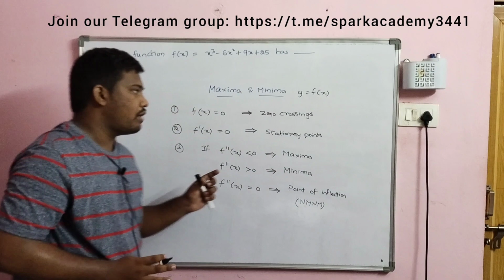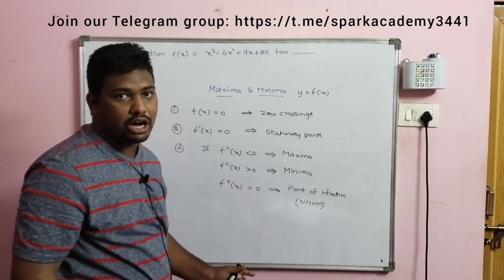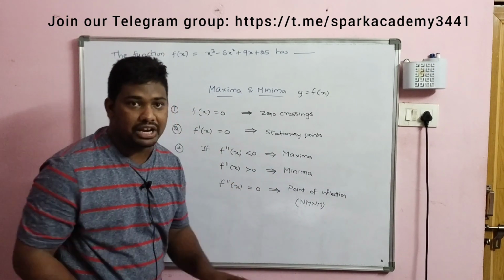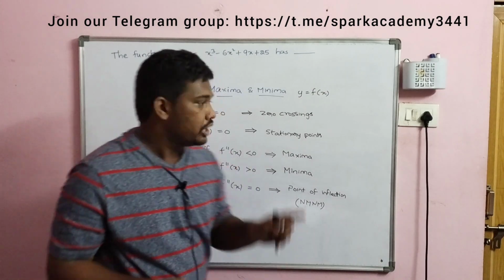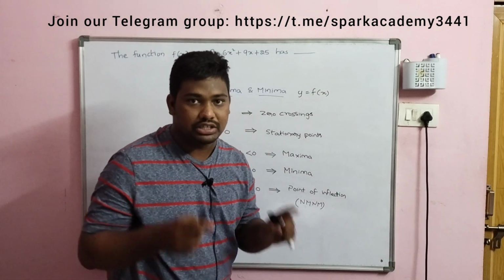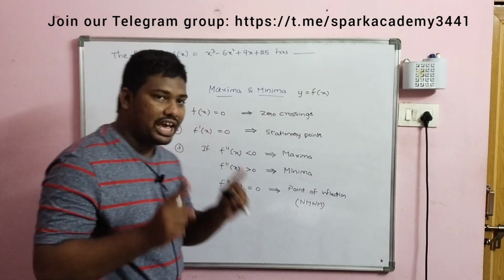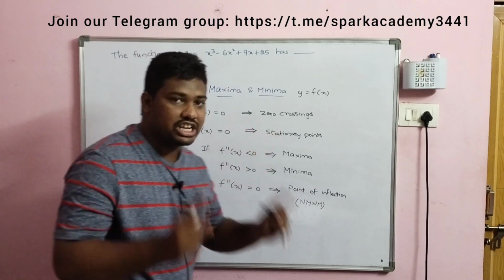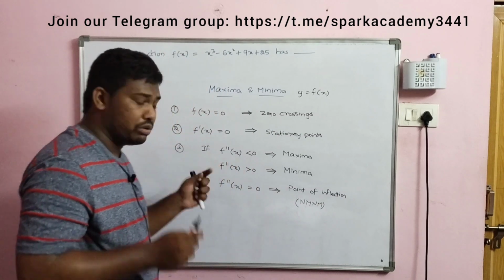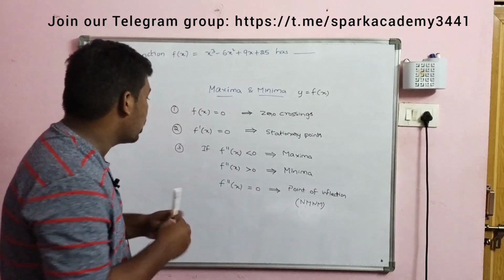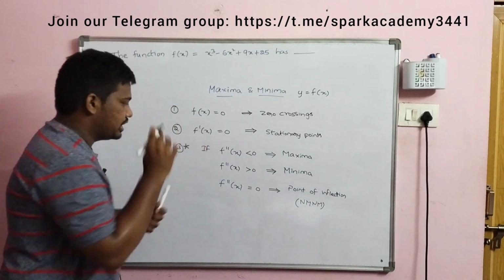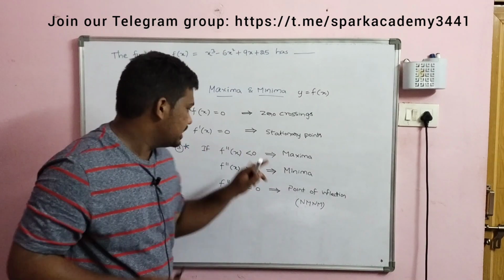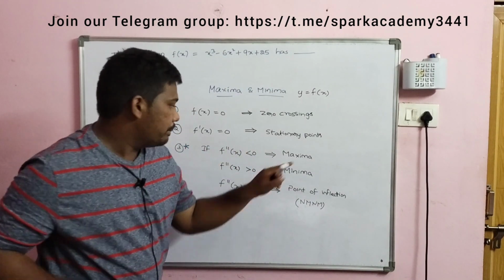These are some of the important points corresponding to maxima and minima. The first point to be remembered is, if f of x equal to 0, then those points are called zero crossings. And if f dash x equal to 0, the corresponding x values we find are called stationary points. And the third and most important point among all is, if f double dash of x less than 0, then it is called maxima.